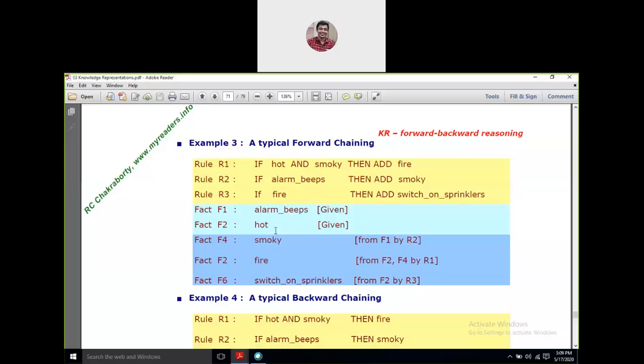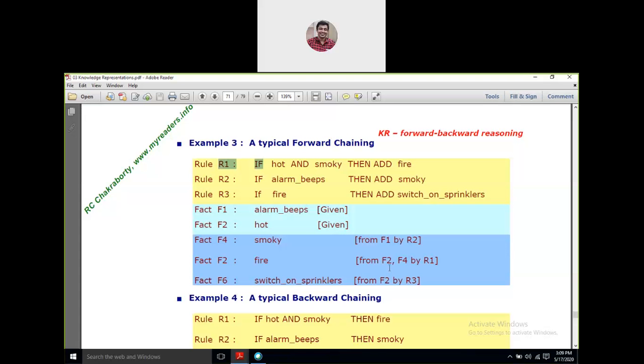So now I have got extra information called smoky. So now I can add up hot and smoky. That means F2 and F4 can be added up, and F2 and F4 in addition to rule 1 will give me what? The fire. That means hot and smoky will give me the fire out here.